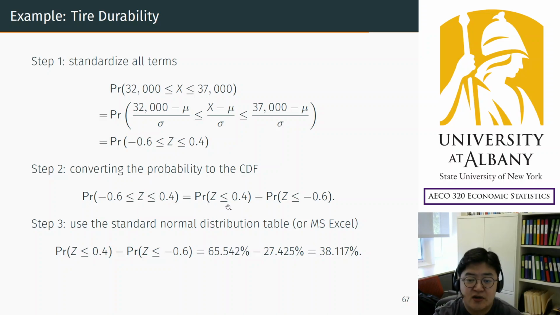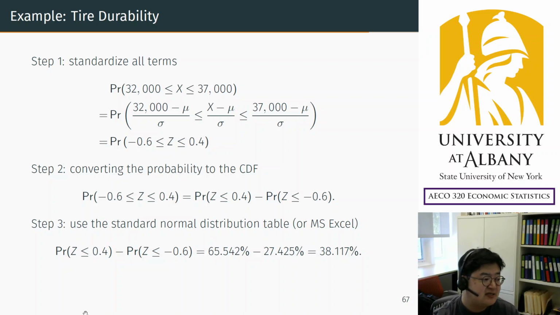And then on Excel, you calculate this probability and this probability. So as a result, you'll get 38.117%.